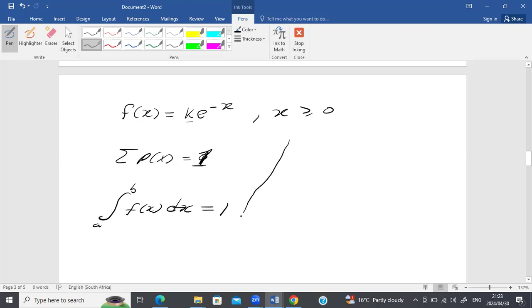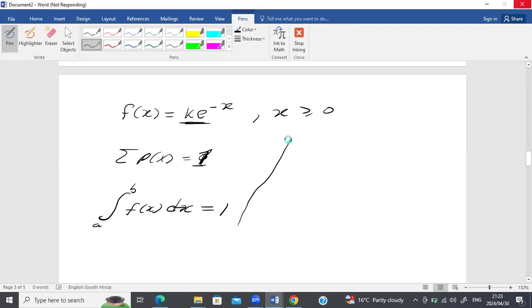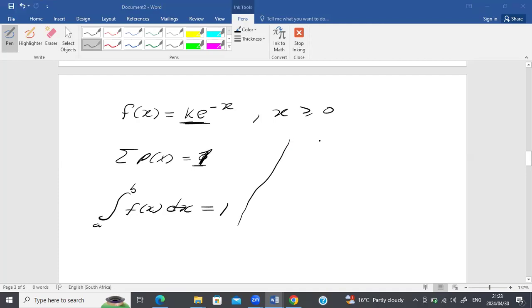We've been told the function is valid for x greater than 0, so the lower limit is 0 up to infinity, because they have not given us where it's ending. Then you get your function k e to the power negative x, integrate it, and equate it to 1, so that you can find the value of k.